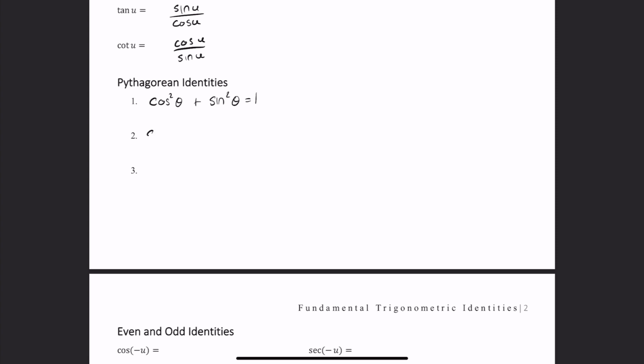Our second one is secant squared theta equals 1 plus tangent squared theta. And our third one is cosecant squared theta equals 1 plus cotangent squared theta.